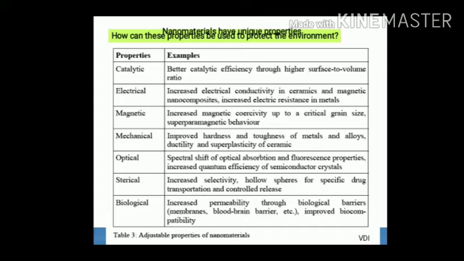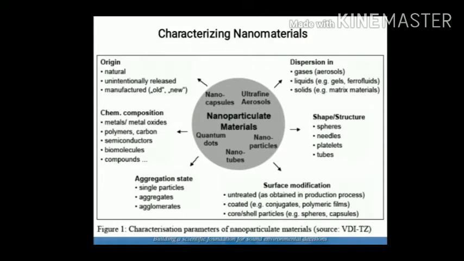For biological, it increased permeability through biological barriers, improved biocompatibility. Now let's characterize nanomaterials. Origin of nanomaterials: it's natural, unintentionally released, and manufactured. Dispersion: it can disperse in gases, liquids, and solids.